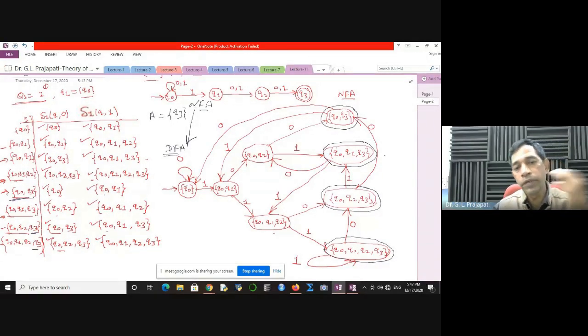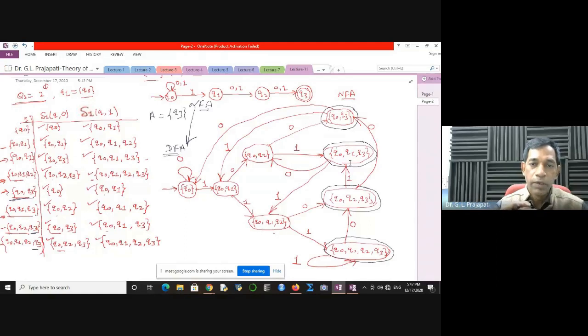So this is the way you can obtain the DFA from the NFA. And hence this shows that every NFA can be converted into a DFA. So you can say that the power of NFA means the set of languages accepted by the NFA, and the power of DFA means the set of languages accepted by the DFA. Since you are able to convert every NFA into a DFA, the power of these two machines remains the same.